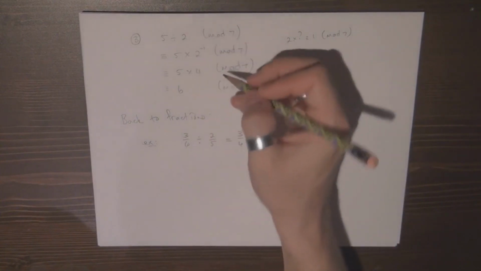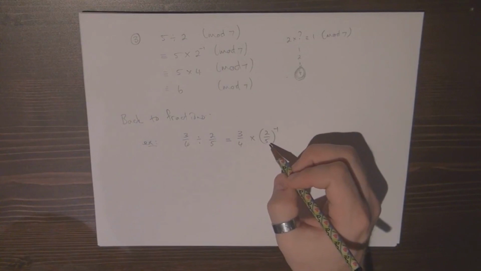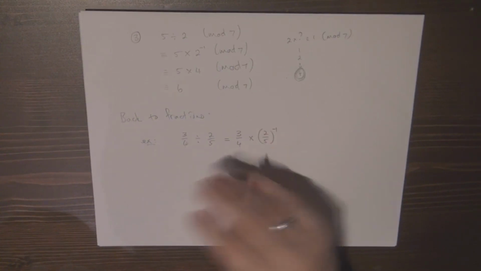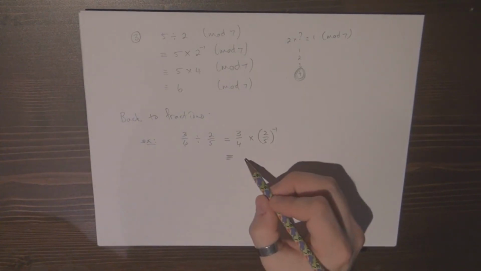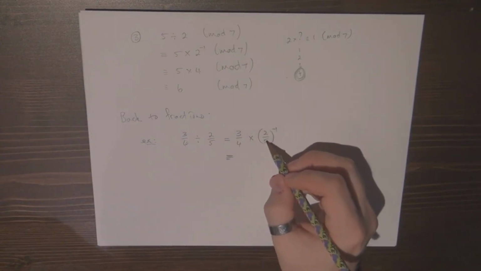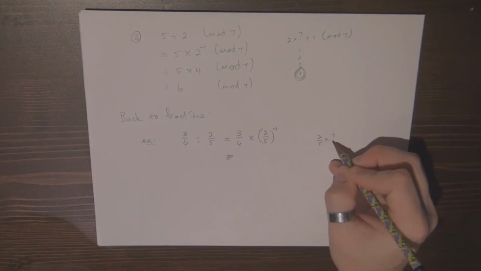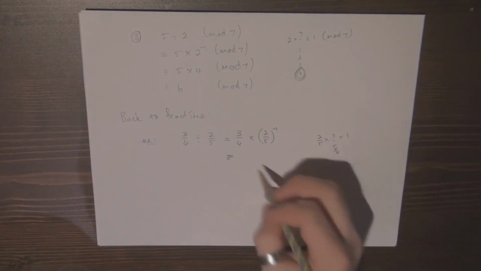a fraction. I'm not using a mod circle anymore. I have my number line, so there are many, many numbers. Now, what is the multiplicative inverse of 2 over 5? Well, what do I have to multiply 2 over 5 by to get 1? Clearly 5 over 2.